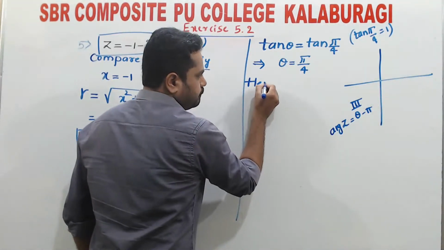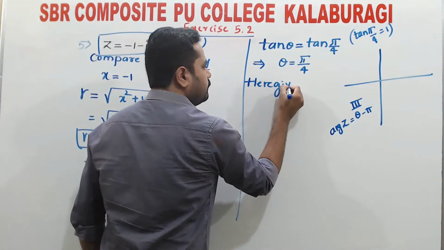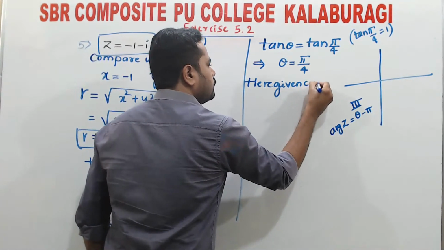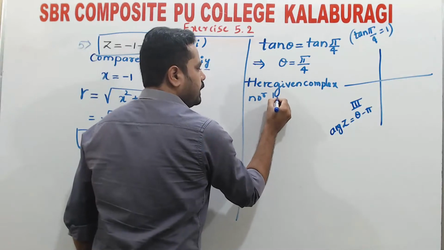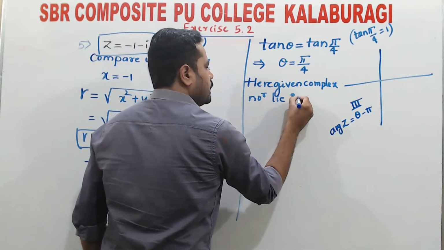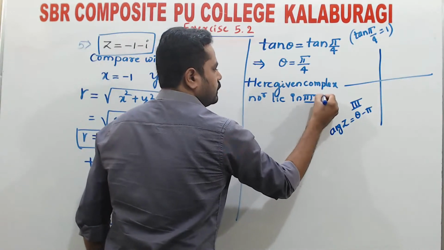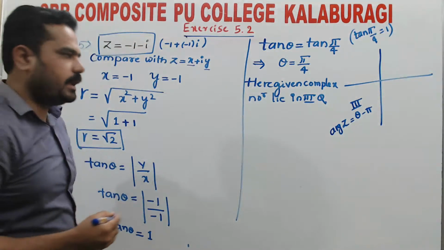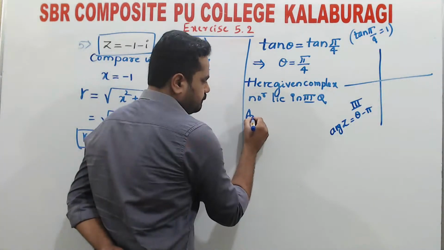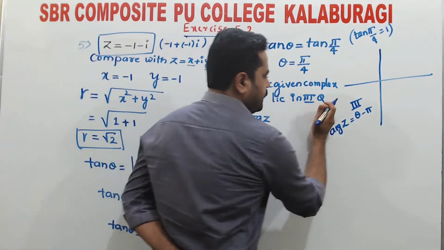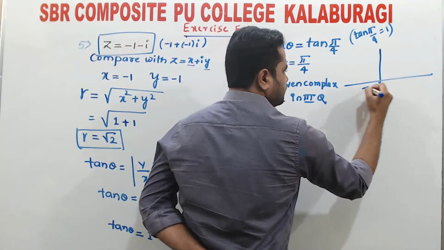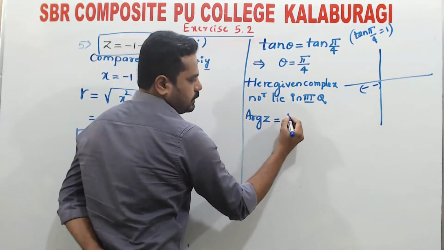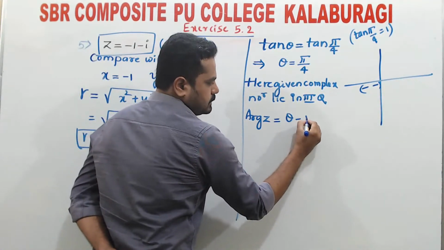Here, the given complex number lies in the third quadrant. Therefore, argument of z, okay, both are minus here, is theta minus pi.